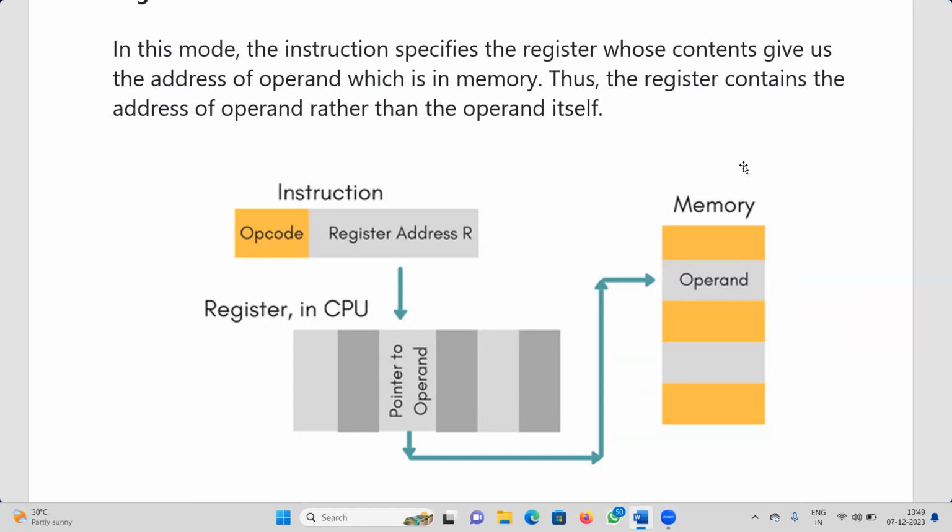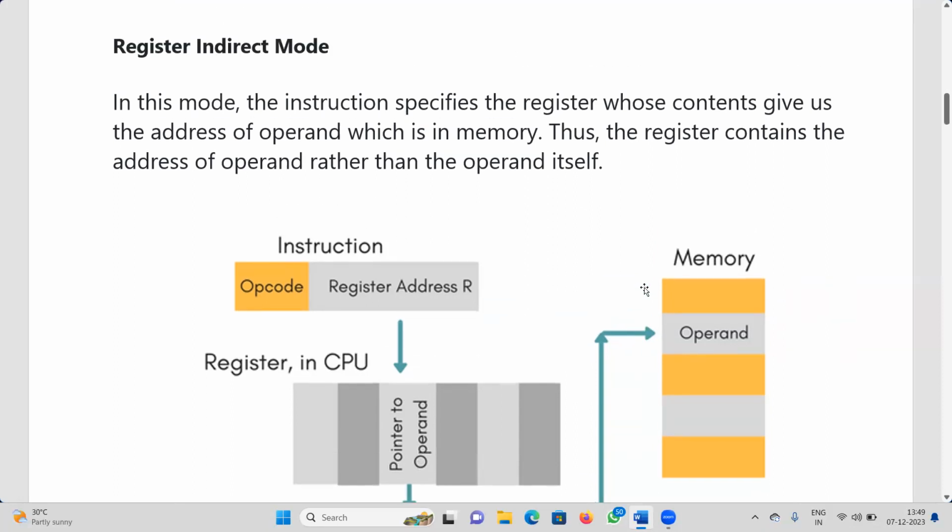You can see that the address part of the instruction contains the register where the effective address is stored. It in turn denotes where the operand is stored in the memory. This type of addressing mode is register indirect mode.